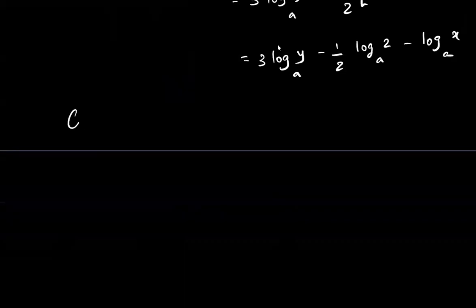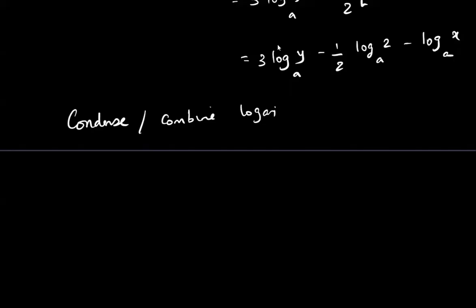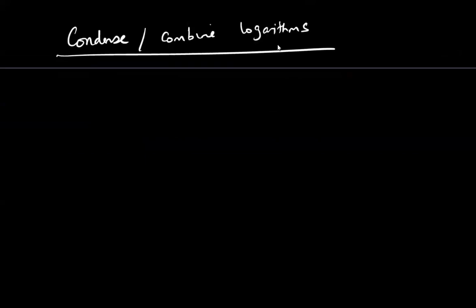So now we are going to condense, meaning we are going to make a single log out of multiple logs. Condense or combine. So let's say you have something like this. My goal is to write a single log.